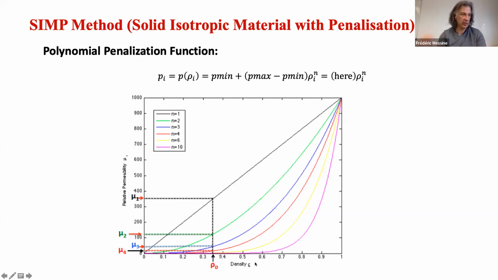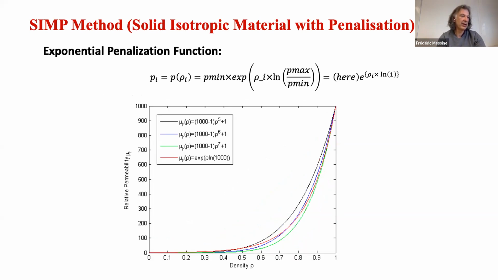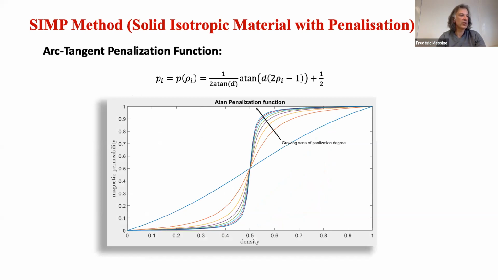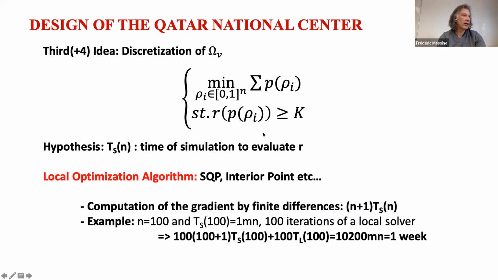So we put material when it is really needed. You can also take arctangent. I use a lot of arctangent for the density here. You can see what happens around 0.1 with those kinds of penalizations.